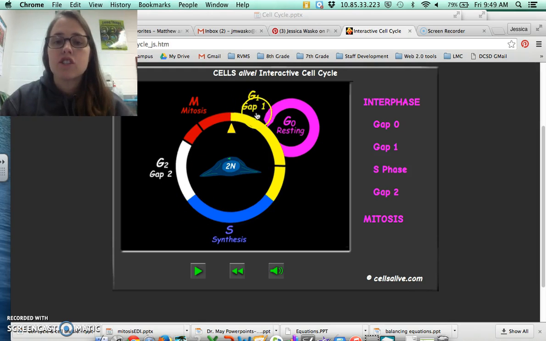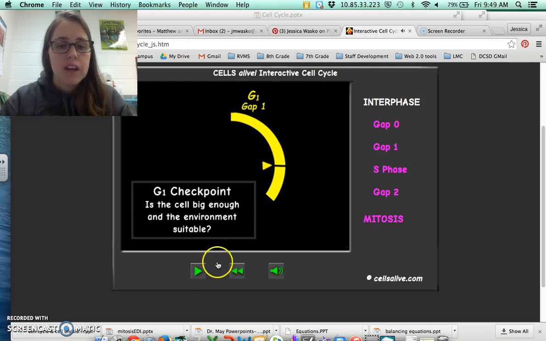So this is kind of the overall cell cycle. G1, S, and G2 are all a part of interphase. That's why they're all listed under interphase. Then there's mitosis, and right here where you see the arrow would be cytokinesis. If we push play, we can watch this cell right here divide. We're in interphase right now, it's growing.